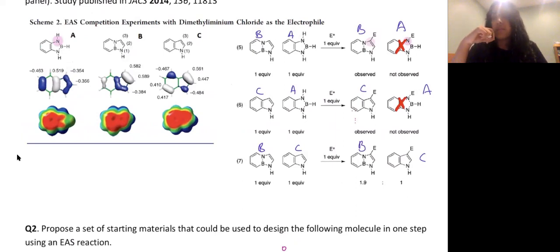So you know that for electrophilic aromatic substitution, you're reacting an electrophile with an aromatic ring. In this case, the electrophile is electron poor, and the ring, to be more reactive, you want it to be more electron dense. If it's not electron dense enough, it's going to be fairly unreactive, right?